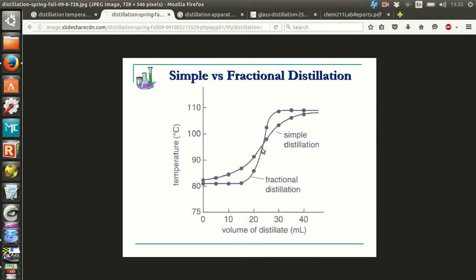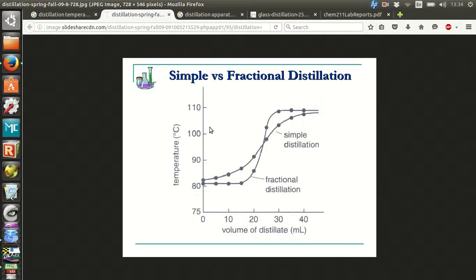If you have the expected result, say so in your abstract, and if you don't have the expected result, just say that your simple and fractional distillation graphs of temperature versus volume of distillate did not appear to match the expected result. So I'm not saying that this is the graph that you need to have. I'm just saying that the shape of the curve should have been something like this. And if it wasn't, you should explain why.